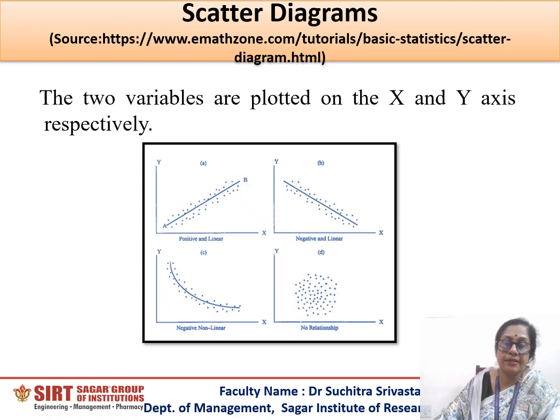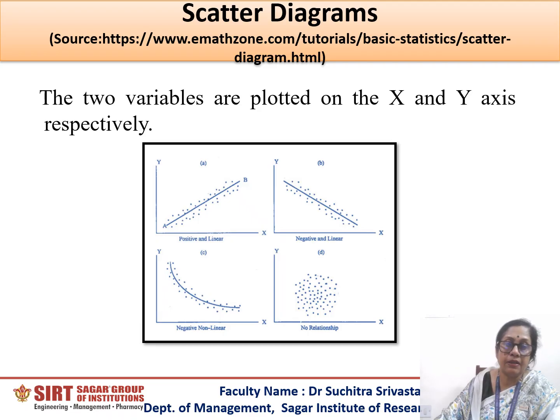As I just discussed in the earlier slide, scatter diagrams are nothing but a graphical or diagrammatic method to represent the correlation between two variables. Please note that there are two variables, which we will be plotting on the x-axis and y-axis respectively. Look at the top two graphs.